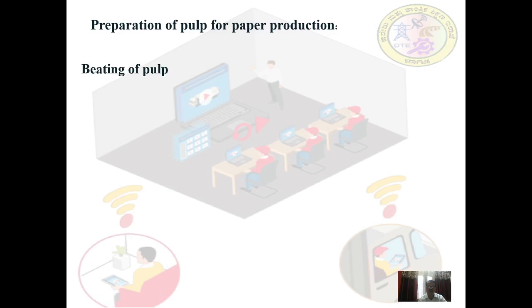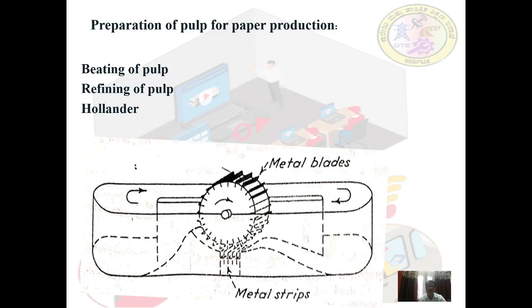First we will discuss beating of pulp. The equipment used for beating of pulp is known as a beater and usually it is called a hollander. The second step is refining of pulp. This is the figure of a hollander which is used for beating of paper pulp.